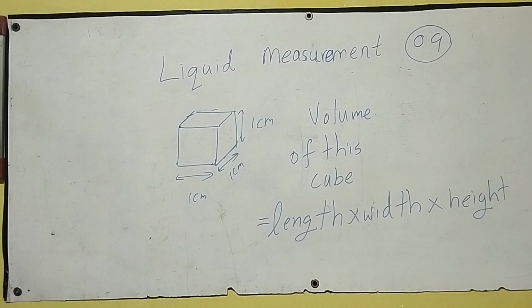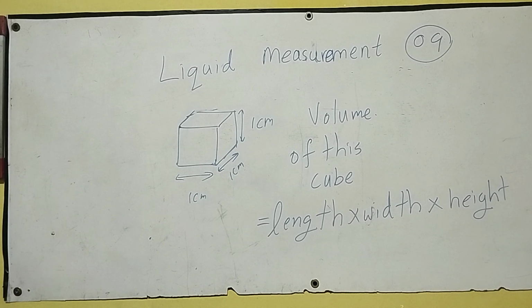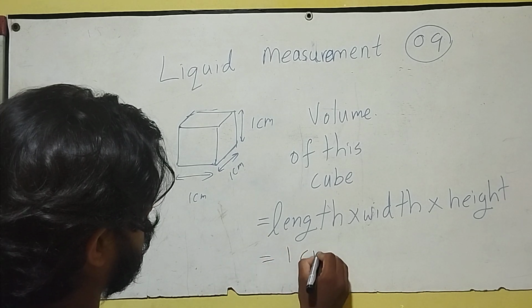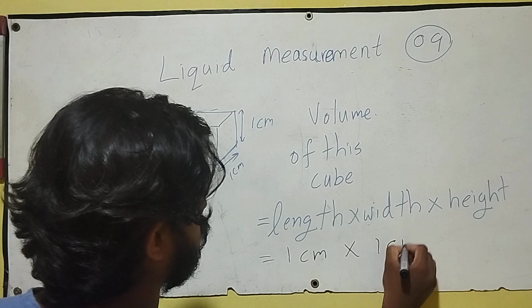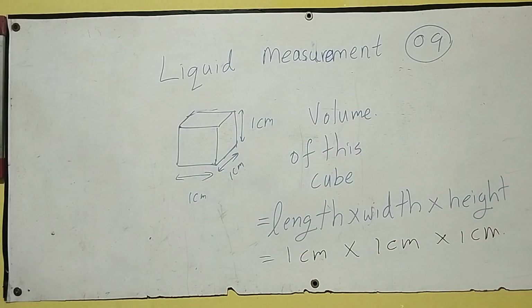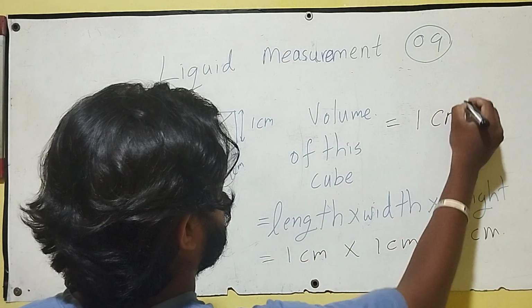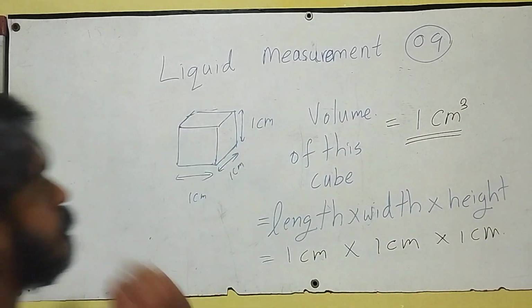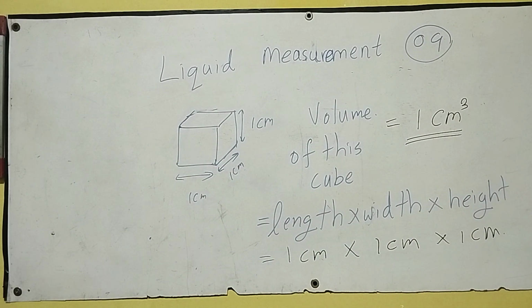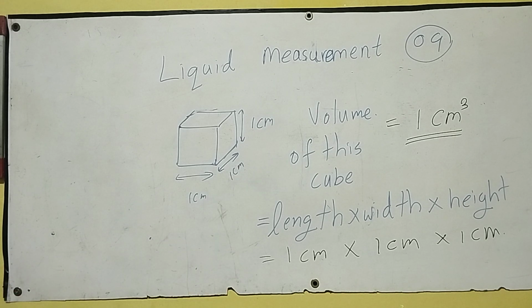Now, what is the length? 1 cm, 1 cm, and 1 cm. What is the final value? 1 cubic centimeter. Okay. Draw the figure and write this down. Stop the video and write this down.